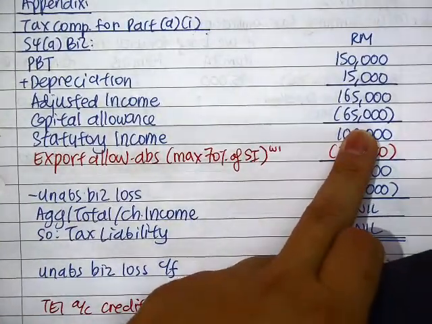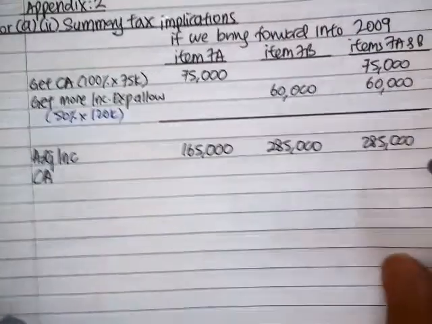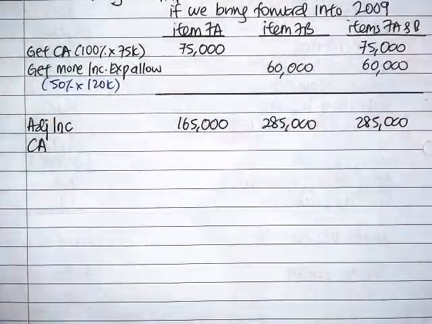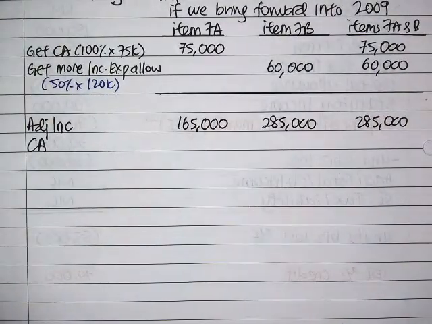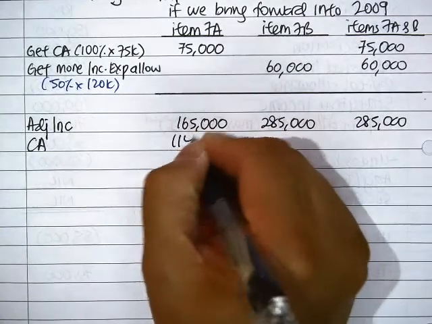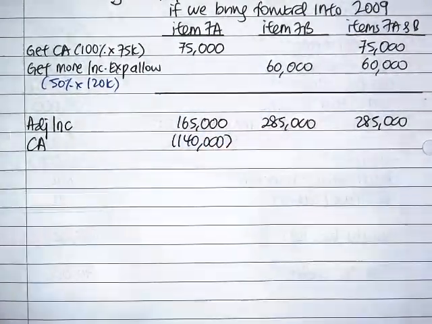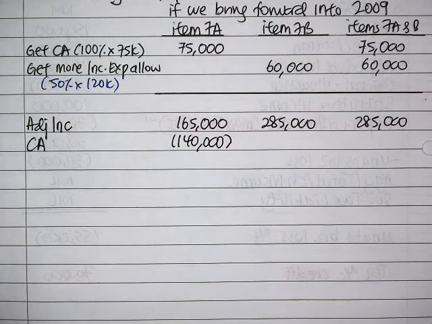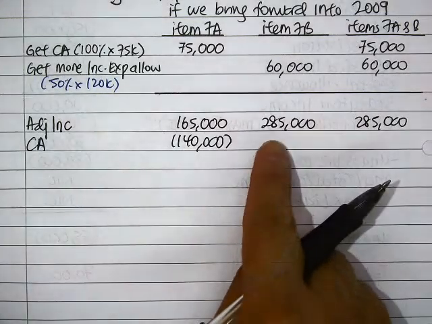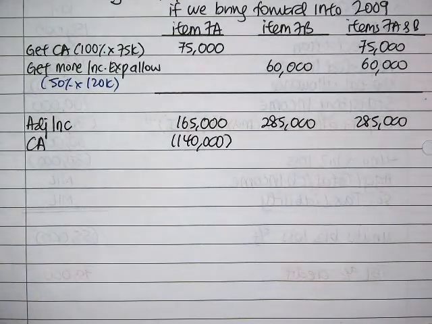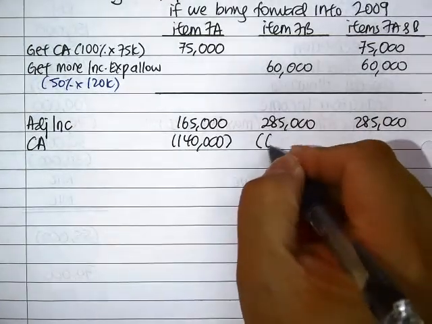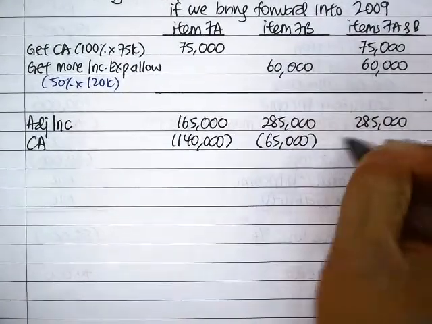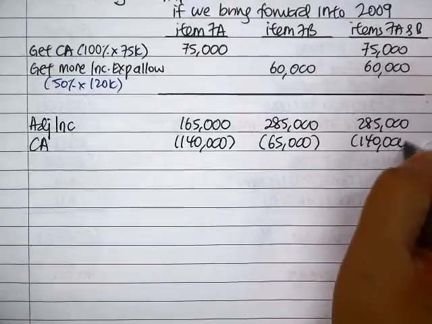Okay, CA. Now originally the CA was 65,000. Now you get an additional CA of 75. So CA is 140.